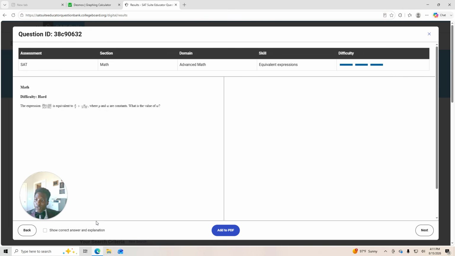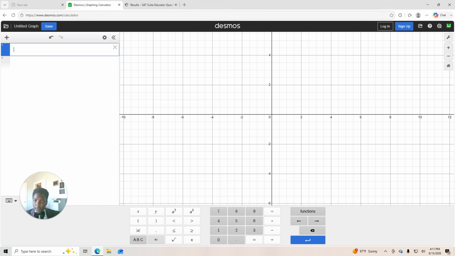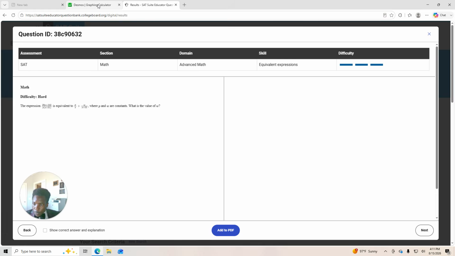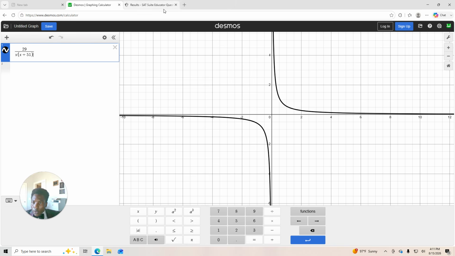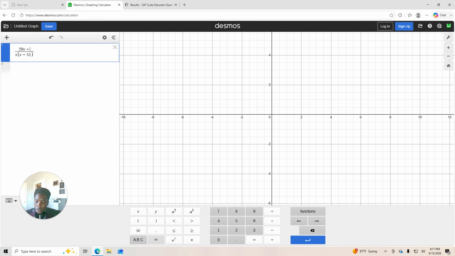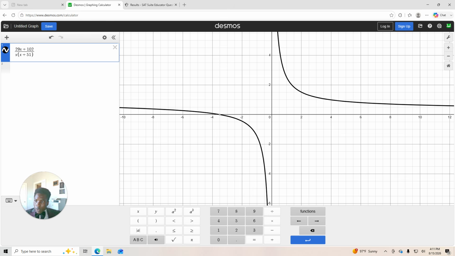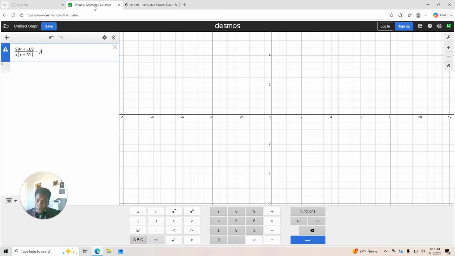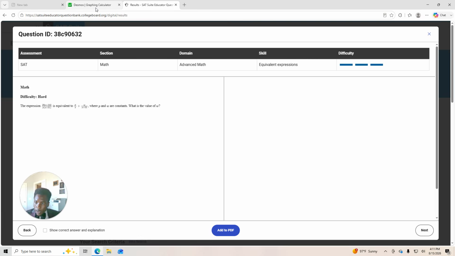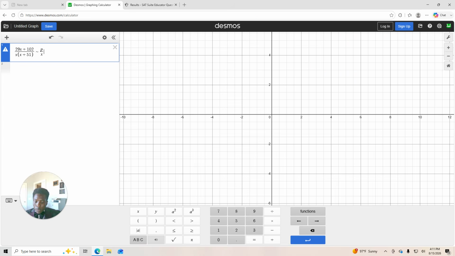So now we're going to literally do the same thing, just set them equal to each other. So you've got another fraction, 29, and what's on the bottom? x plus 51, I think I saw, and then x plus 102. And that is equivalent to p over x, plus w over x plus 51.